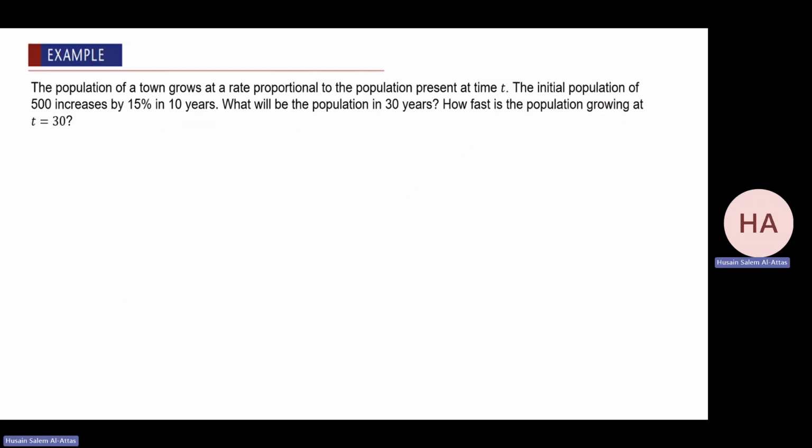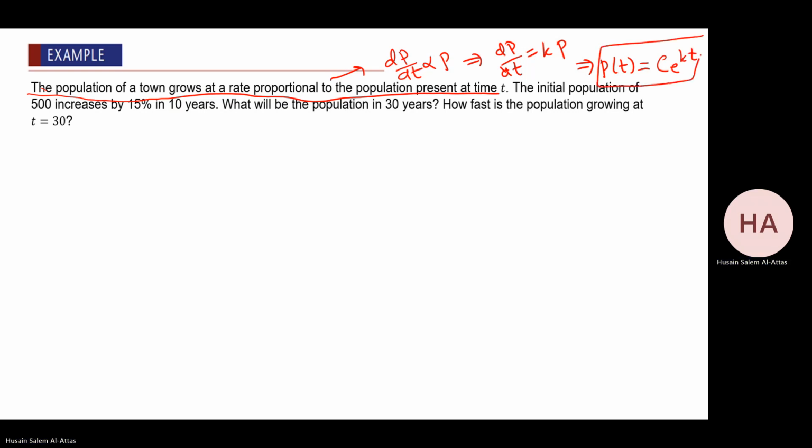Now let us do the examples, just basic examples, so that we understand what's going on. You will see this statement, that dP/dt is proportional to P. That means there exists a k such that this is equal to kP, which, if we solve it, gives P of t equals C e^(kt).